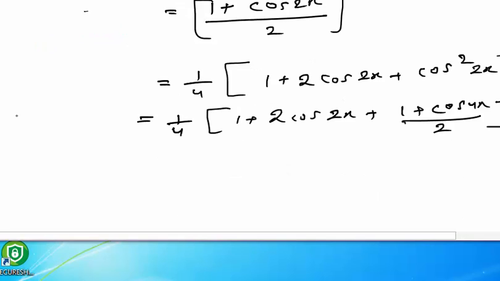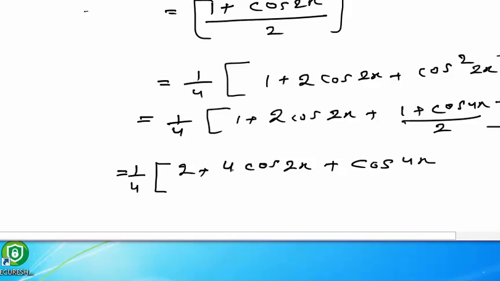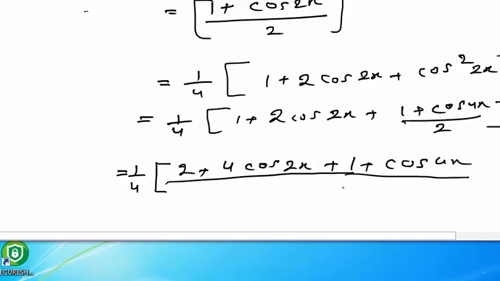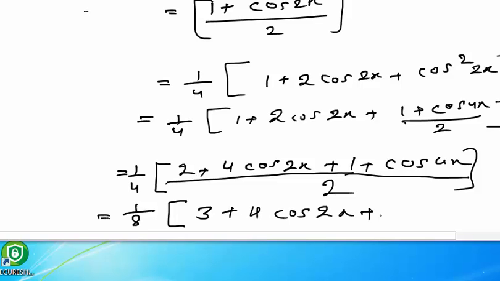This will give me 1 divided by 4, (2 plus 4 cos 2x plus 1 plus cos 4x) whole divided by 2. Now that 2 I will take out, and it will be 1 upon 8, (2 plus 1, 3 plus 4 cos 2x plus cos 4x).